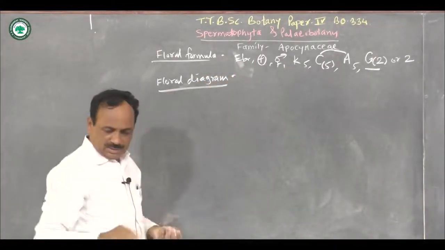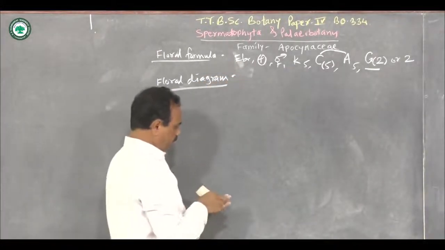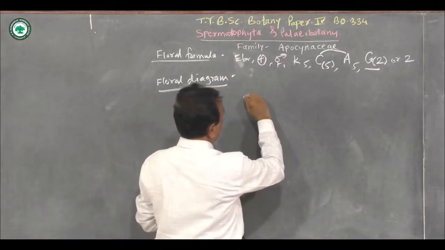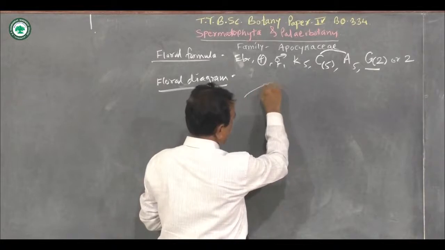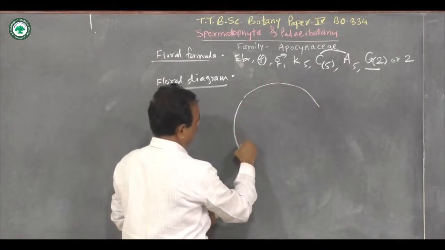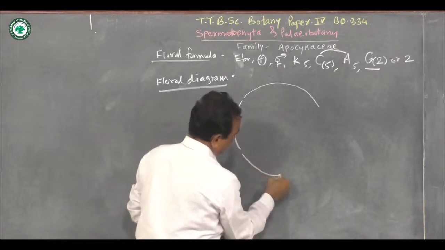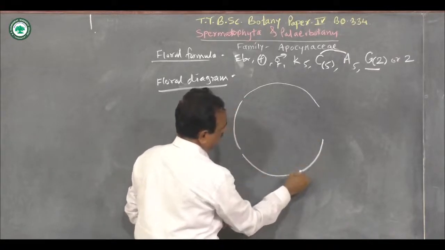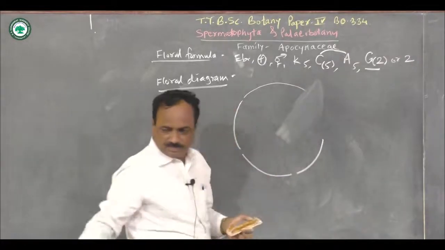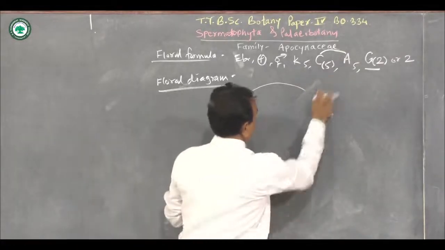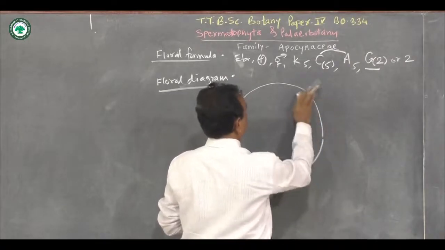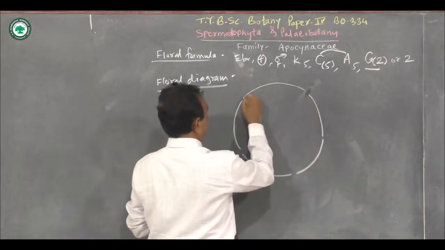So if we see the floral diagram, it shows the presence of the petals and the sepals. There are 5 sepals, and they are free.